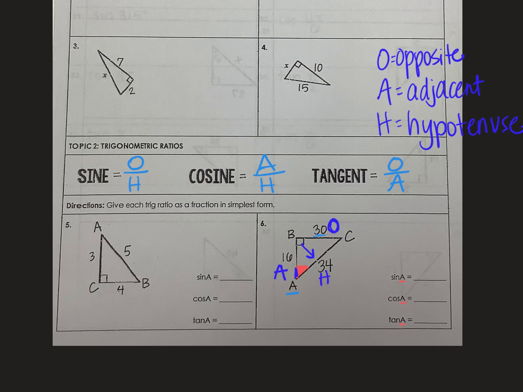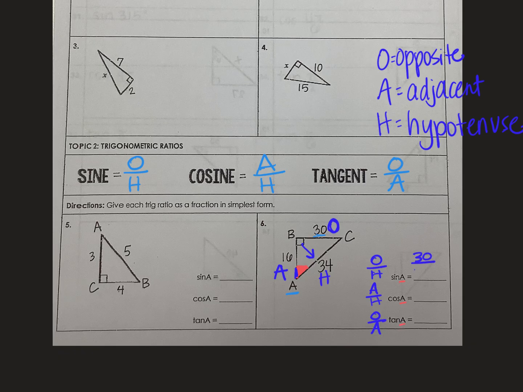So let's go back and look at what we wrote for sine, cosine, and tangent. O over H, A over H, and O over A. So we're just going to go back and look at our triangle. We're looking for the sine of A. What do we label as O? 30. So that's going to go on top.